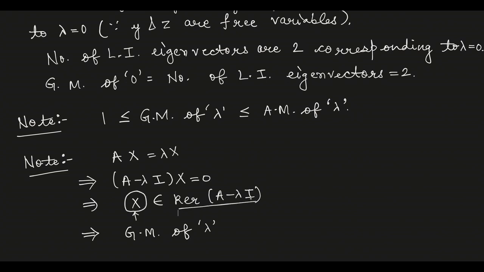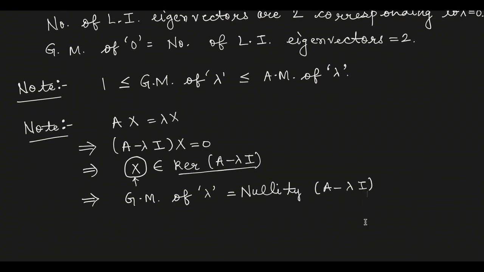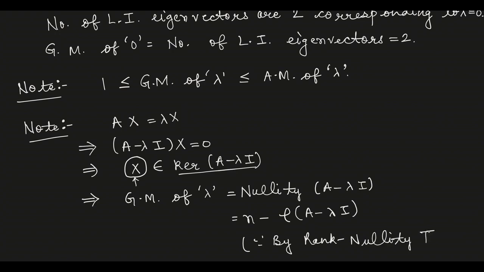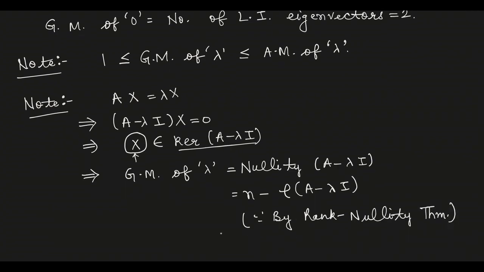And what is the kernel of A minus lambda I? Nullity. Now I can apply the rank nullity theorem: n minus rank of A minus lambda I. So the formula of GM of lambda is clear, how it is derived. Yes, ma'am. Okay.